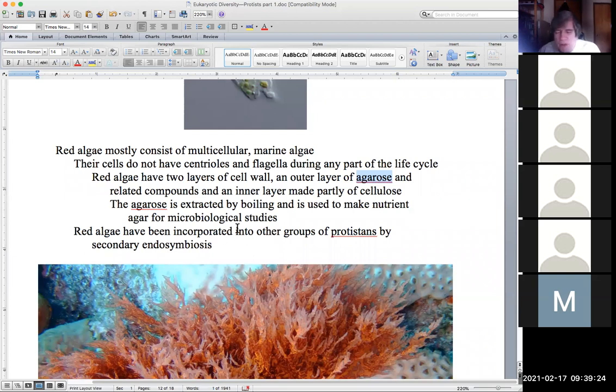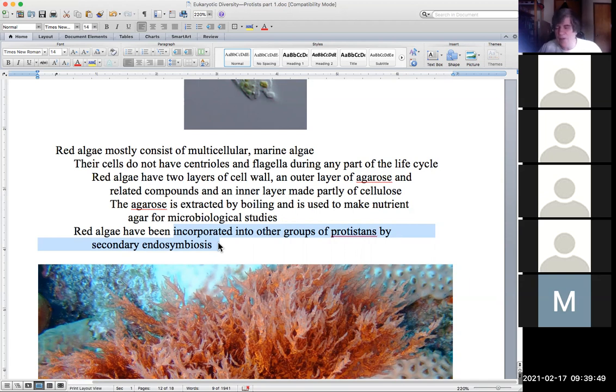Now, one of the characteristics of red algae is that they are found inside lots of other cells of different groups of protistans. Remember, we talked about primary endosymbiosis, where a eukaryotic cell engulfs a photosynthetic bacteria.